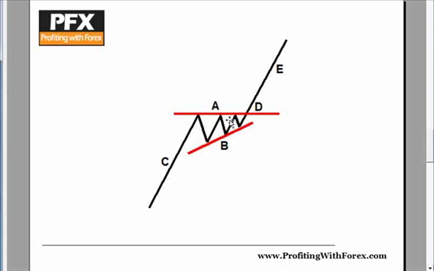These are called ascending triangles, and this tells us that for some reason there's this resistance level we just can't break above, but nobody wants to go lower. Everybody keeps pushing up against that resistance level as the price compresses, and pretty soon it breaks out. So those are the variations that we have of continuation patterns.